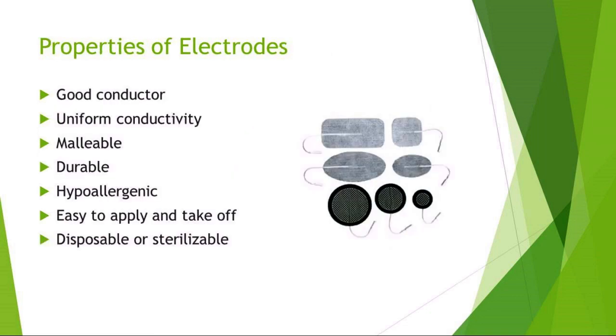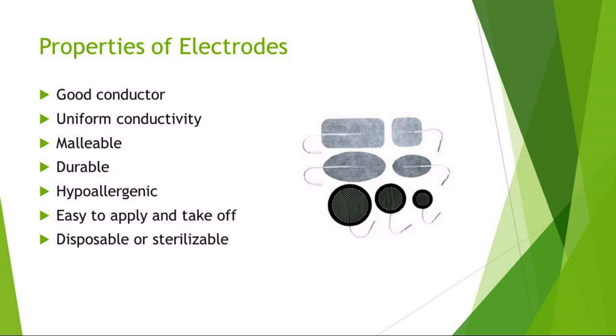So electrodes have to be good conductors. There has to be uniform conductivity, and we'll talk about the consequences of non-uniformity in a minute. They have to be malleable, humans are not boxes, they need to conform to the body. They have to be durable because you don't want them to wear out right away. Hypoallergenic because you don't want to irritate people's skin. They have to be easy to apply and take off.